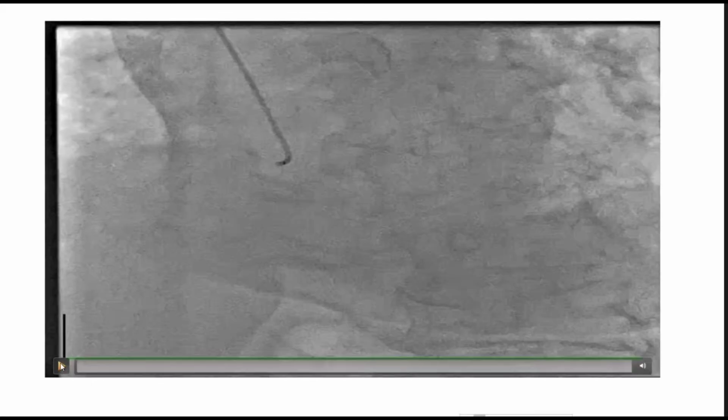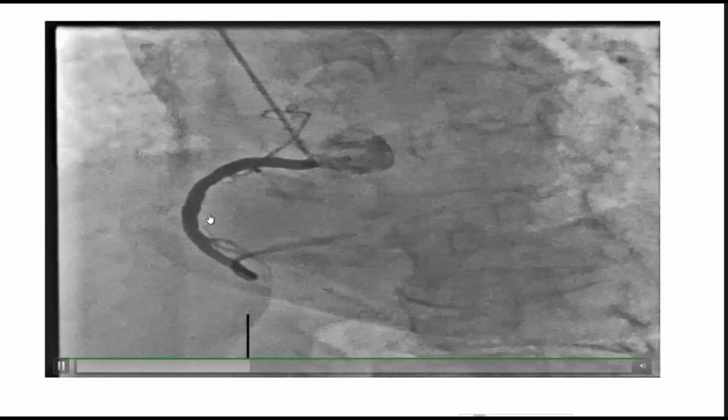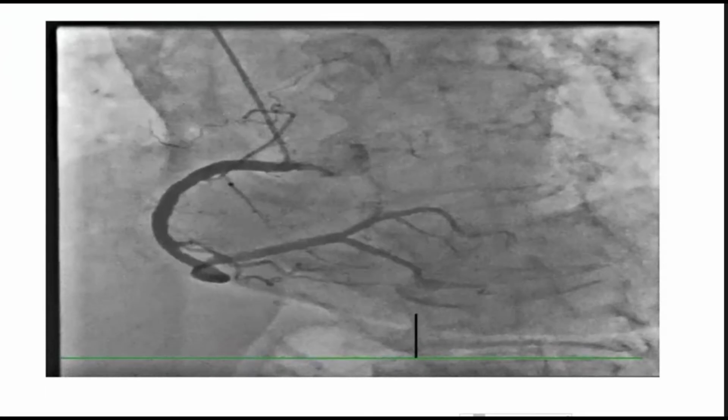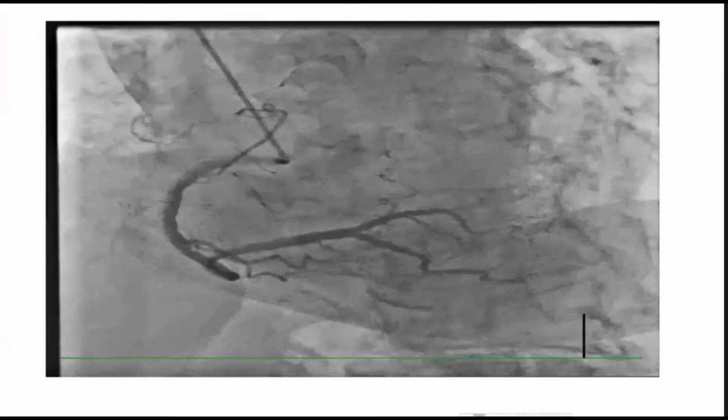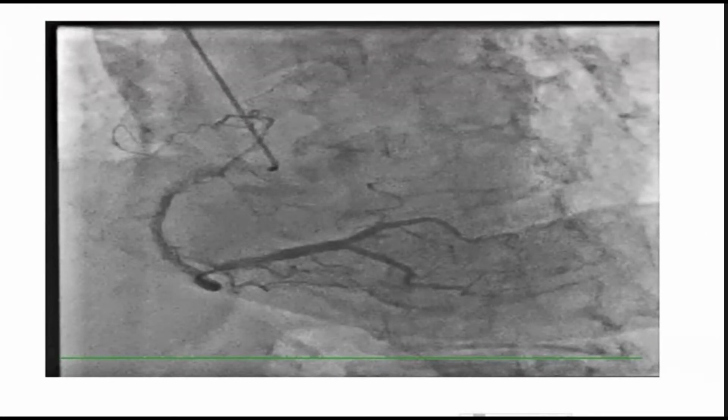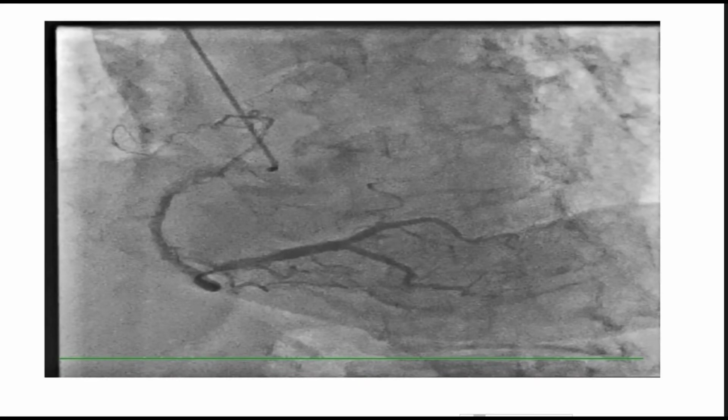We look at the right coronary artery. Right coronary artery also looks good. So why would we have a perfusion defect and a wall motion abnormality in the setting of normal coronaries?